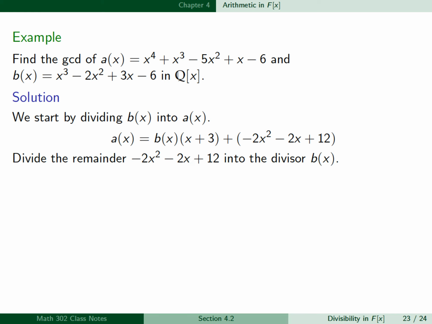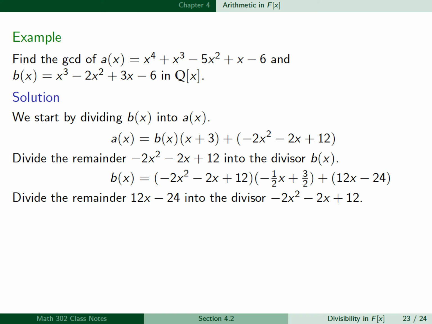Next, we divide the remainder minus 2x squared minus 2x plus 12 into the divisor b of x. And we obtain b of x is minus 2x squared minus 2x plus 12 times minus 1/2 x plus 3/2 plus a remainder 12x minus 24. Again, we do this using long division.